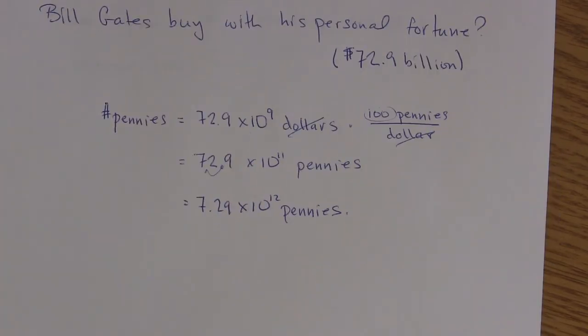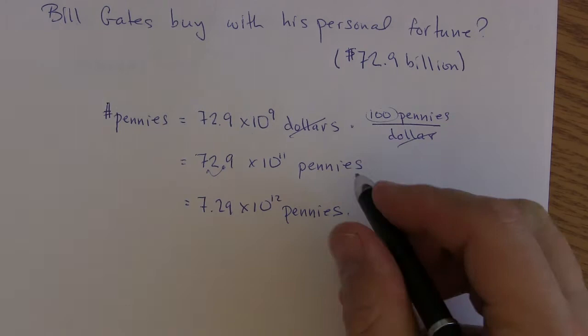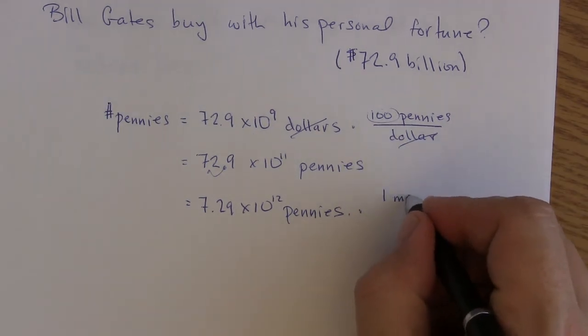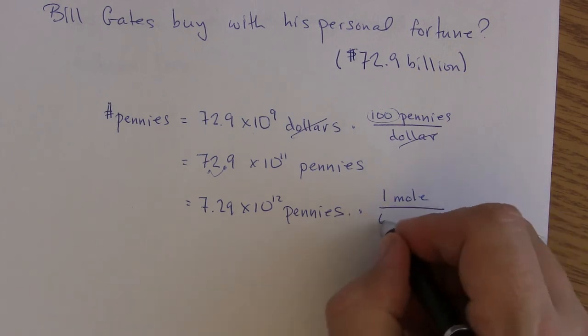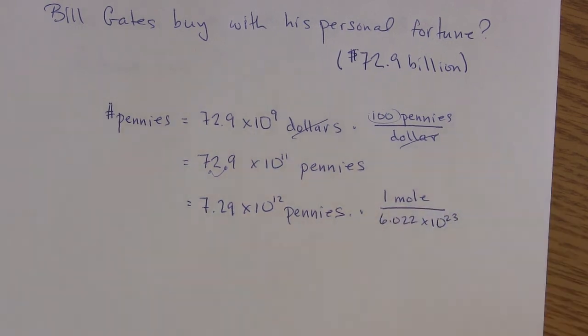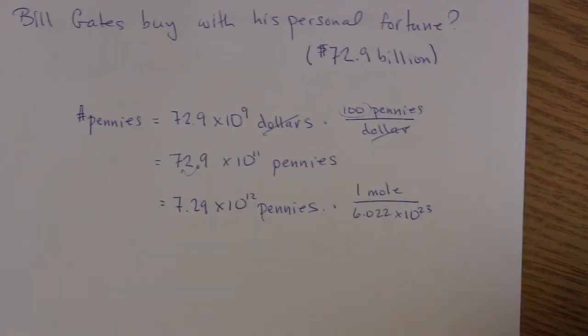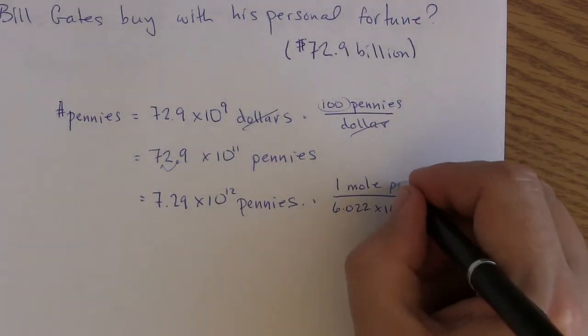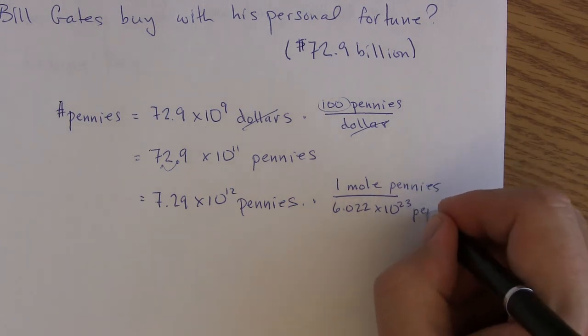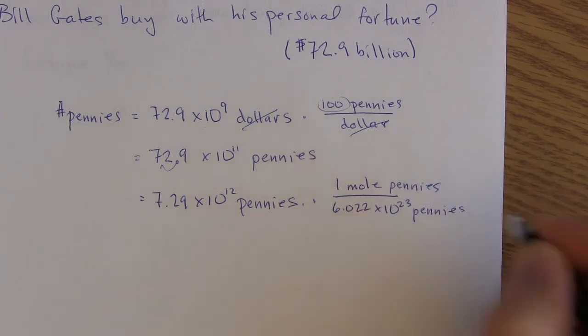Now we want to convert it to moles. So anytime I convert to moles, I've got 1 mole per 6.022 times 10 to the 23rd things. And in this case, if we want to be a little extra careful, we can say moles of pennies is this many pennies.